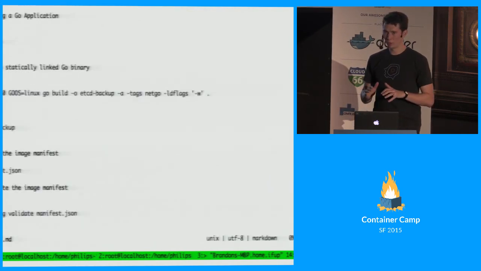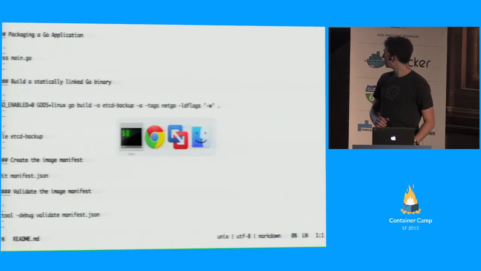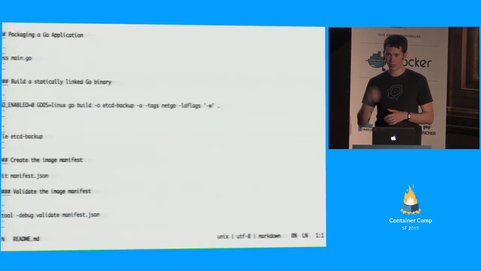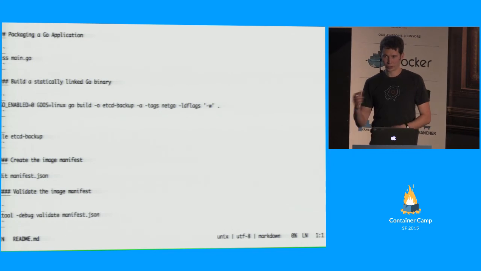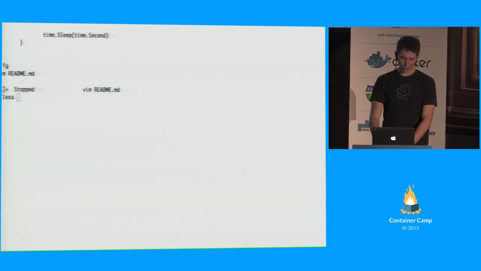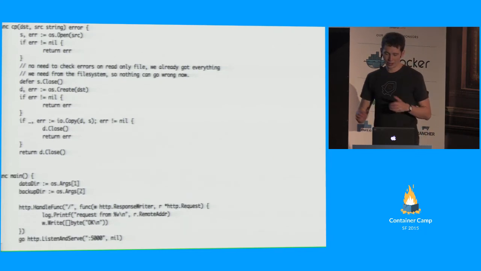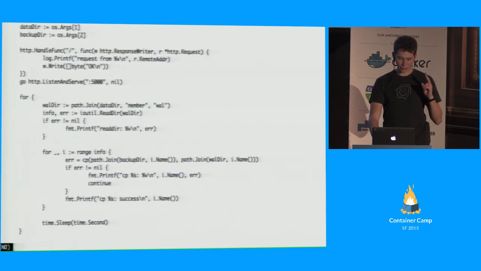So what I'm going to do really quick, I have about 3 minutes. What we're going to do is walk through how to take a statically compiled Go binary, turn it into an ACI, and then get that ACI running under Rocket on a host. Okay, so I have this program that I wrote this morning. It does two things.